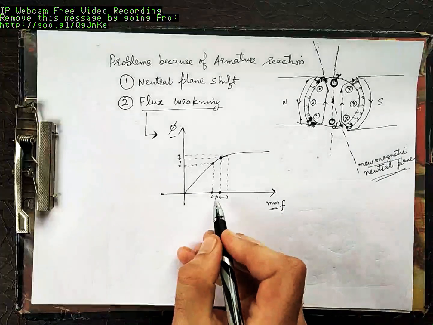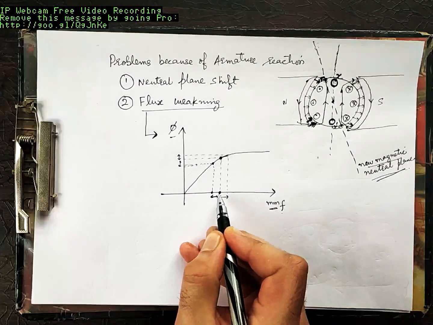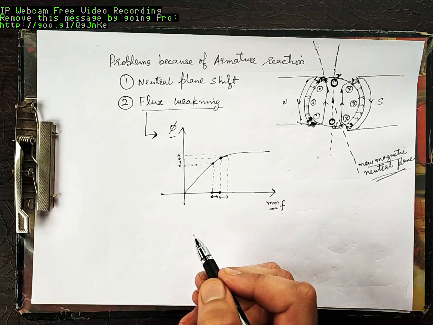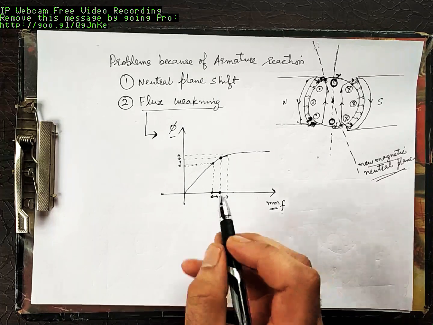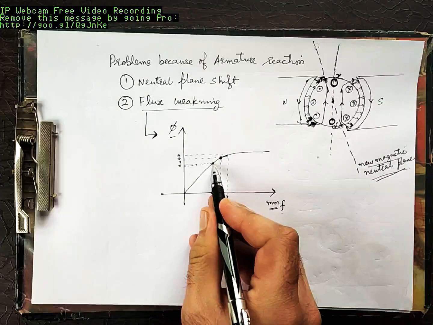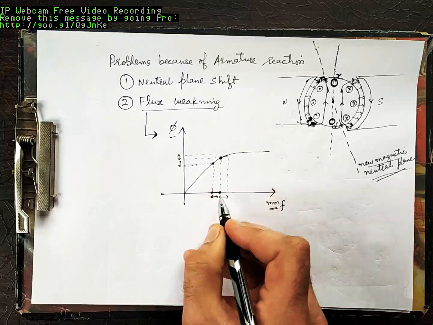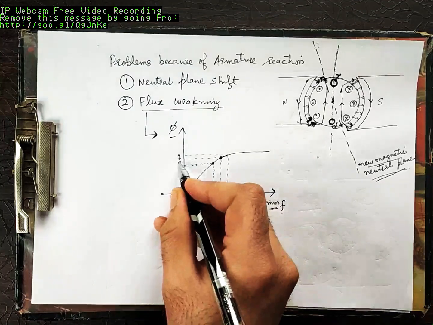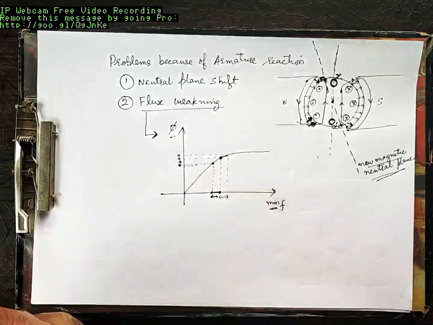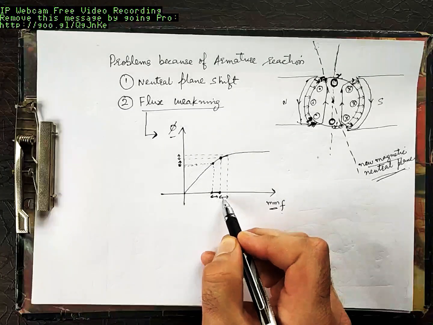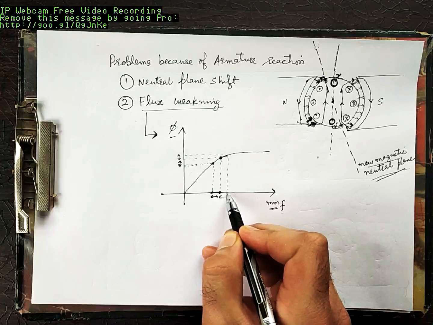So you are going here to here. When you go from here to here, are you in the linear region or saturation region? You are in the linear region. If you decrease the MMF, flux will decrease proportionately. That means the point where the two MMFs add to each other, the flux does not increase much.